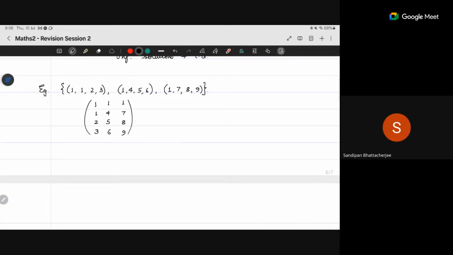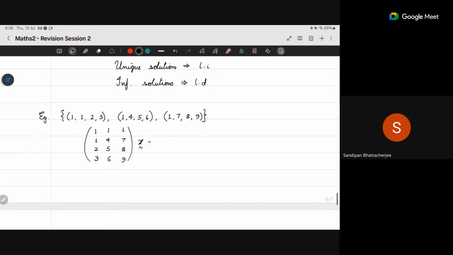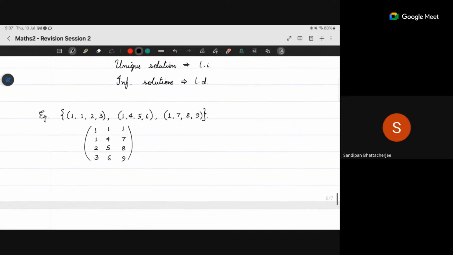Now, if I want to solve this system of equations, what is the system? This times x tilde is equal to 0. I need an augmented matrix with 0, 0, 0, but I can skip it because the other side is just 0. So how to solve this? I'll reduce this to REF.